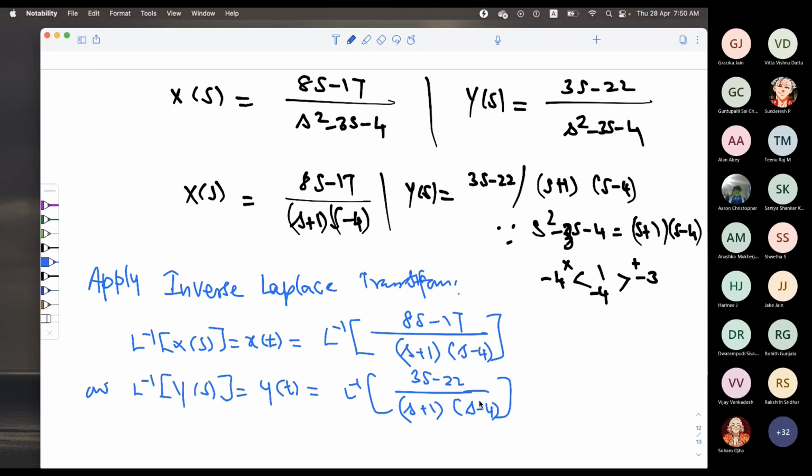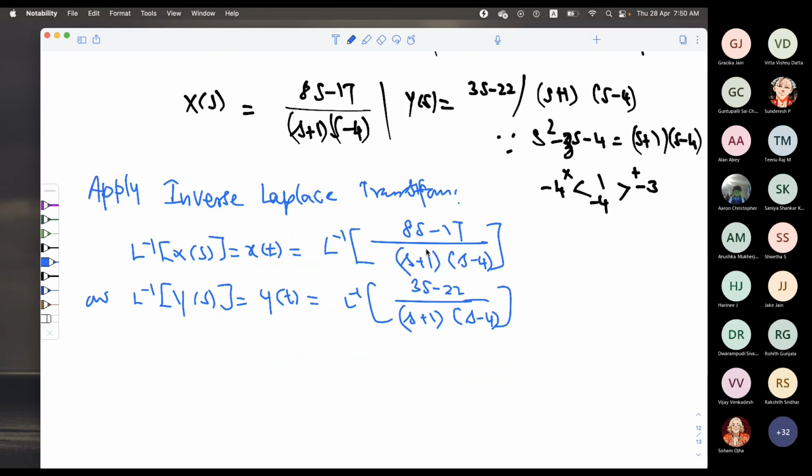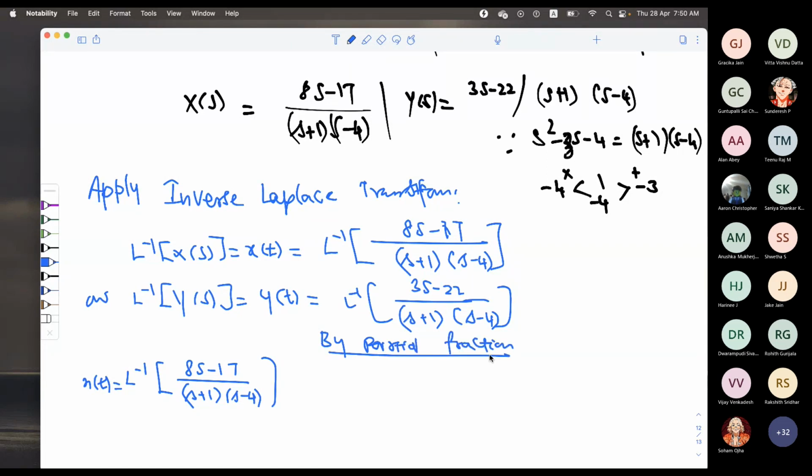Here, for X(t), L inverse of (8s minus 17) divided by (s plus 1) into (s minus 4), by partial fractions we may write this as A divided by s plus 1. Am I right?